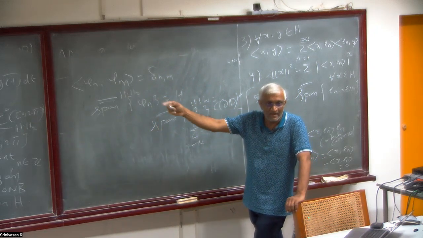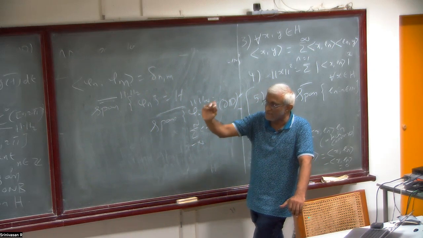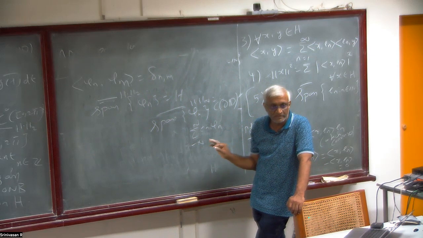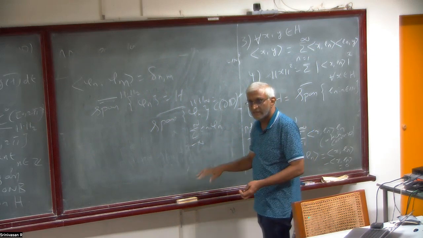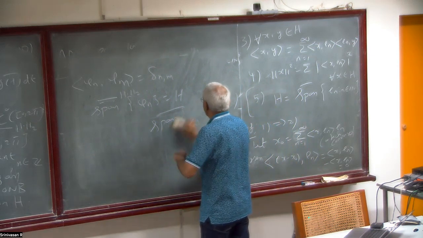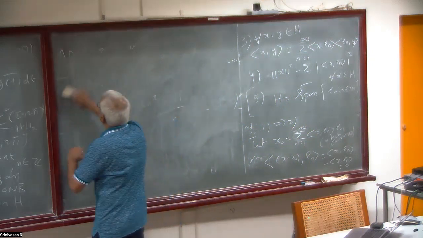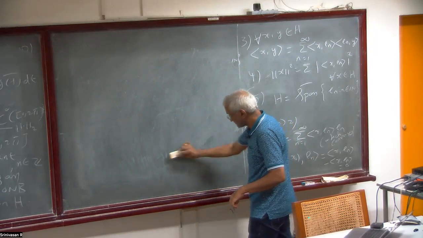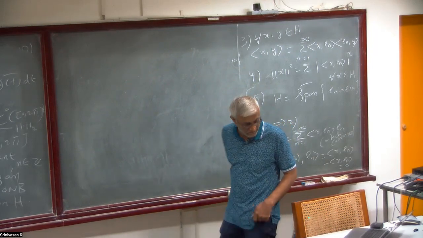So this is dense there. If a set is dense in something which is dense, then the set is also dense. That's all. So this is the proof. I have given all the details, just write.